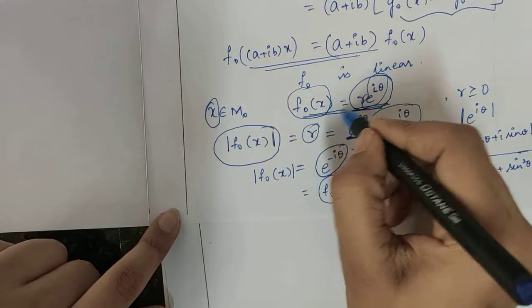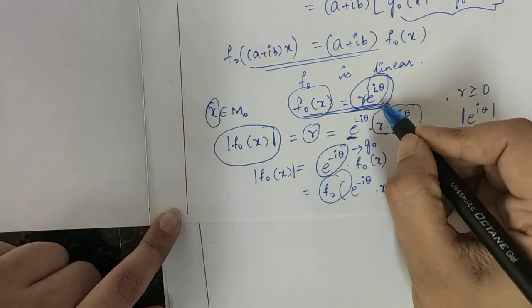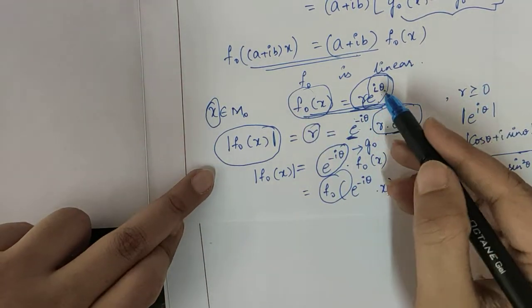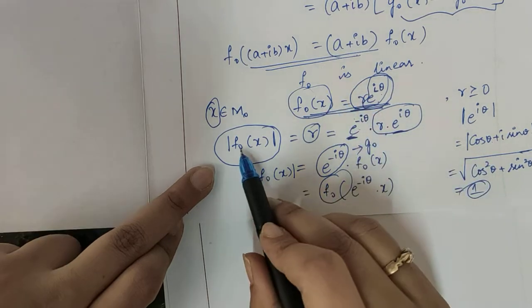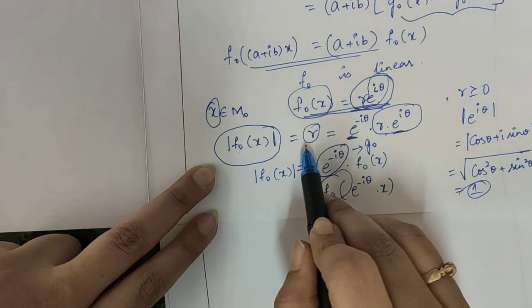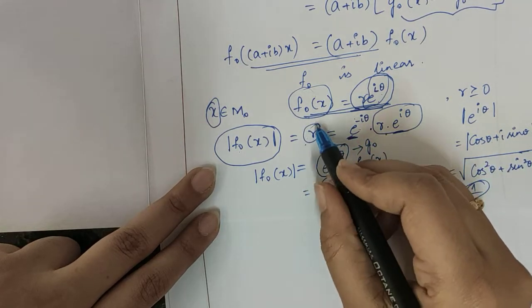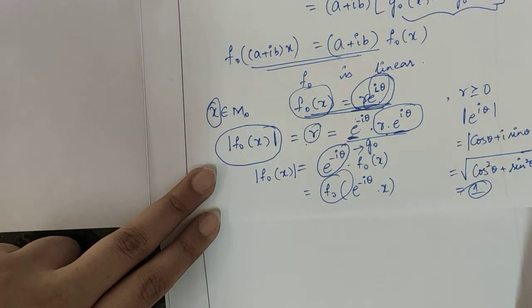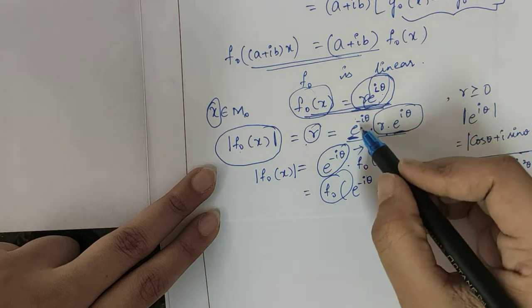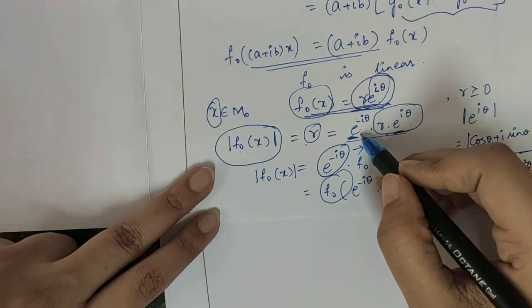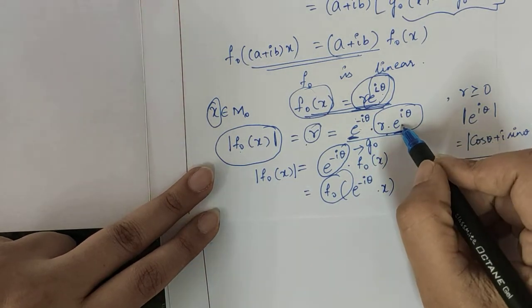So first what we have done, we have taken f naught of x is equal to r into e power i theta. If you take mod on both sides, you will get mod f naught of x as r. So again I am writing my r in terms of imaginary part, that's why I have just multiplied e power minus i theta and e power i theta here.